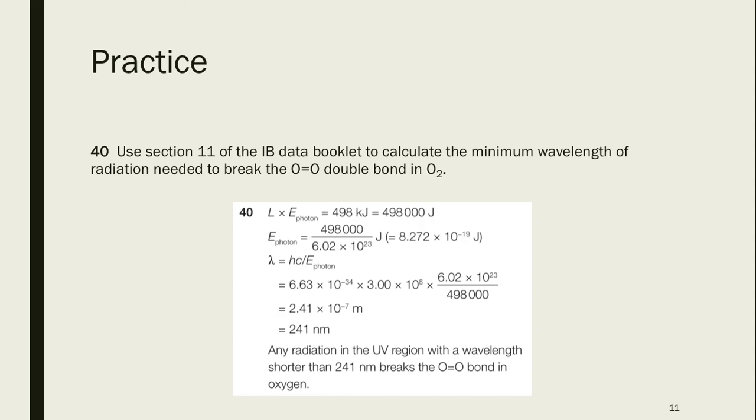So any radiation in the UV region with a wavelength shorter than 241 nanometers breaks the oxygen double bond. So you can also compare that to the steps when we were looking at oxygen and ozone. It was about 242 nanometers. And that is the energy that is required to break the oxygen double bond.